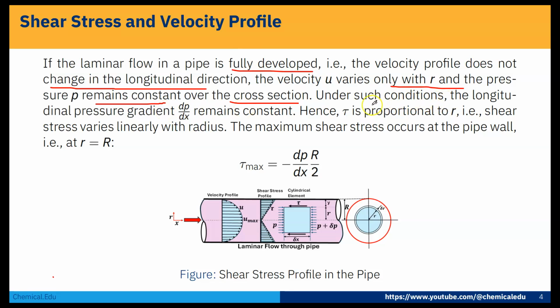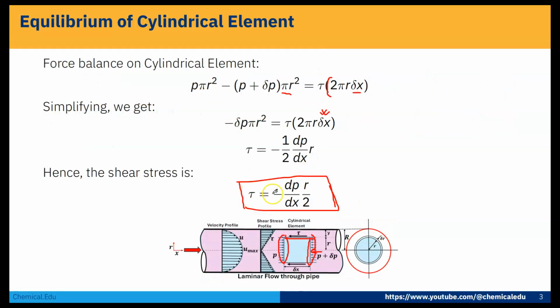Under such a condition, the longitudinal pressure gradient dp by dx remains constant. Hence tau is proportional to r, that is, shear stress varies linearly with radius. The maximum shear stress occurs at the pipe wall, at r equal to capital R. So tau max will be minus dp by dx R by 2. Here we got tau equal to minus dp by dx r by 2.